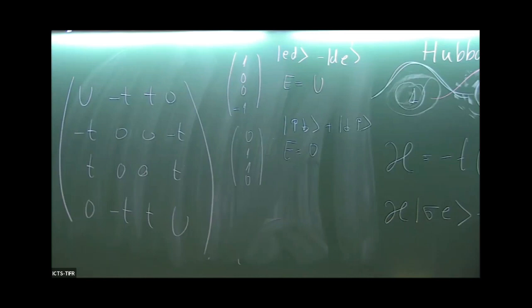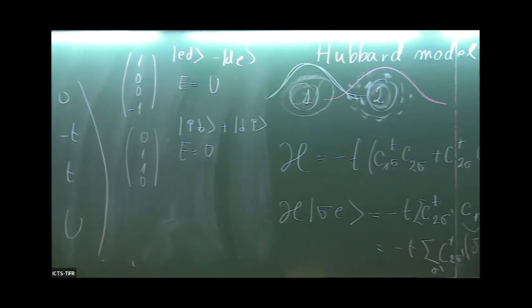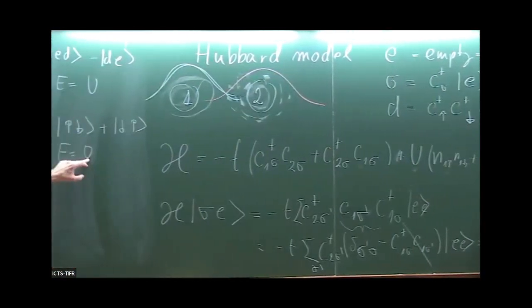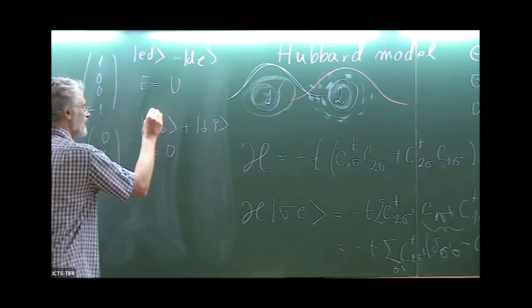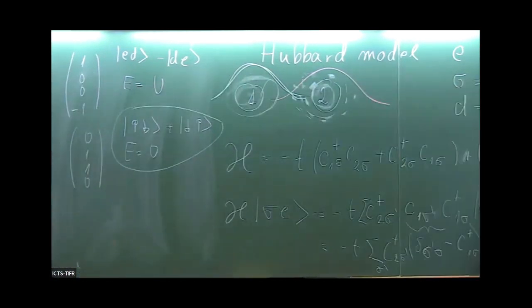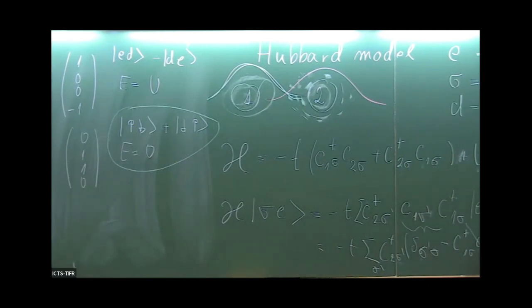Here, already we had some states that have zero energy. The up, up, and down, down, they have zero energy. And we found a third one that also has zero energy. So there are three states that have zero energy: up, up, down, down, and up, down plus down, up.